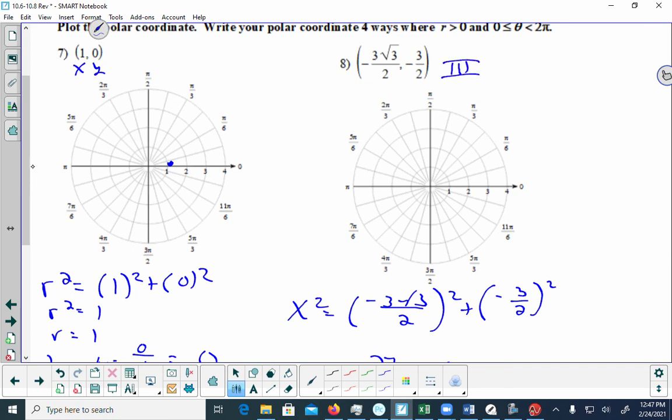So I can either use that angle, because I want to use the first quadrant, I can make that negative.